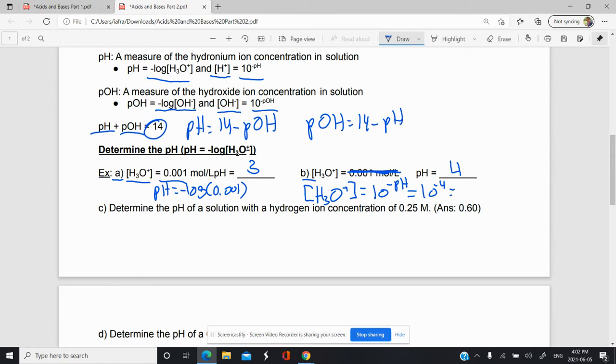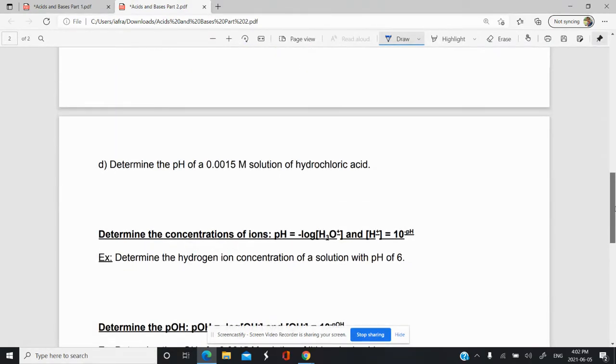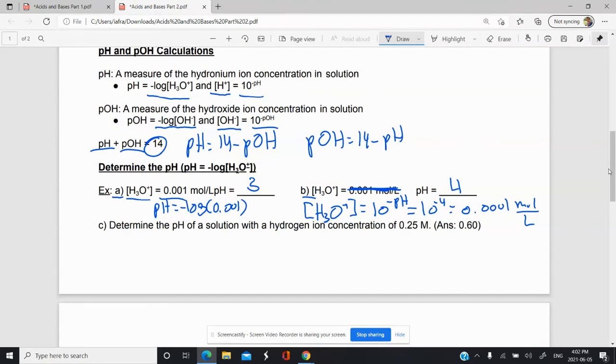You do that in your calculator, and you get 0.0001 moles per liter. And that would be moles per liter because it's the concentration of the hydronium ions in the solution, and it's a molar concentration.